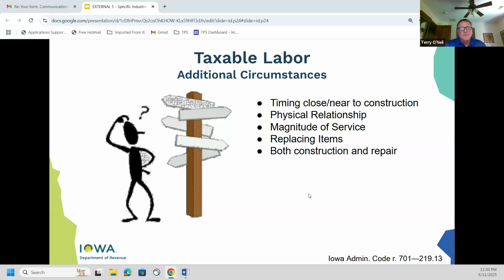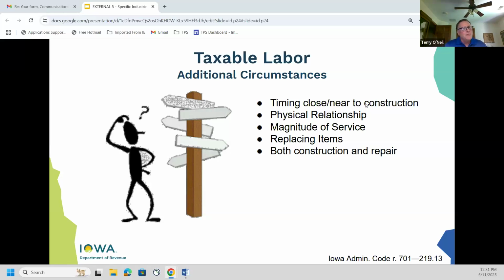And if you decide, hey, I'm going to build my new house on this lot, you have to have an excavator come in there and level the lot, clear the trees out, whatever's needed to be done in order for the construction to get going. So in that situation, they go in and they level the lot so it's ready to build on. If the contractor is waiting to do the construction, obviously that is something that is going to be connected to the construction. That's going to be exempt from tax.